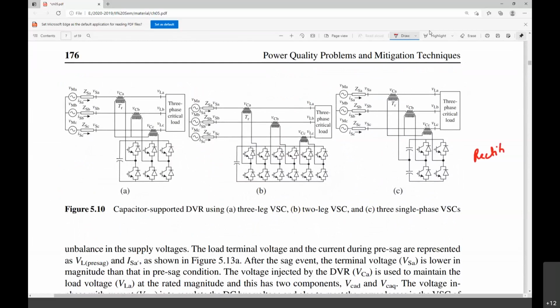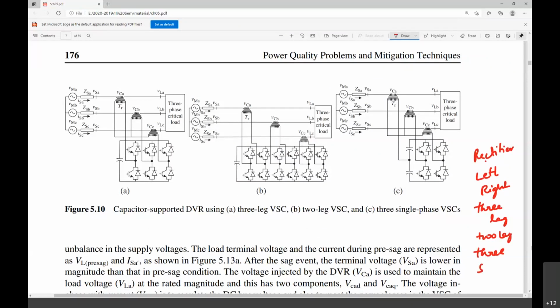In the rectifier supported, we have seen the left shunt as well as the right shunt, and we have seen the three-leg topologies, then the two-leg, and then the three single phase.